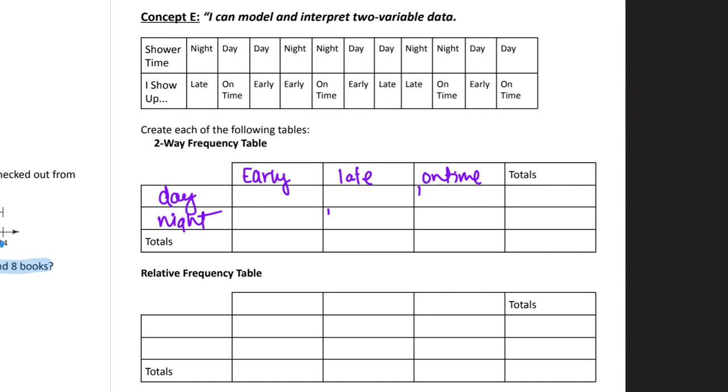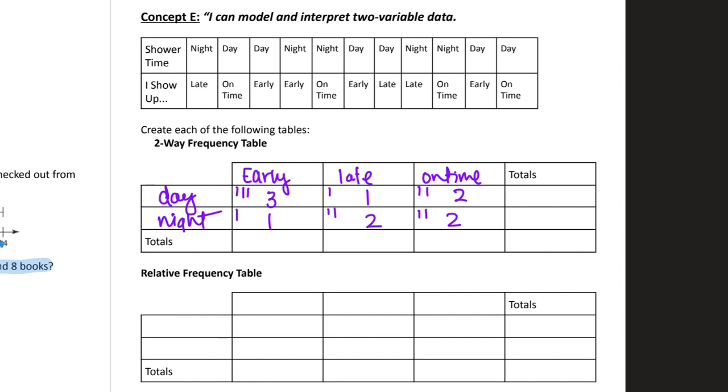Then day early, night early, night on time, day early, day late, night late, night on time, day early, and day on time. So in total, we have 3, 1, and 2, and then 1, 2, and 2.